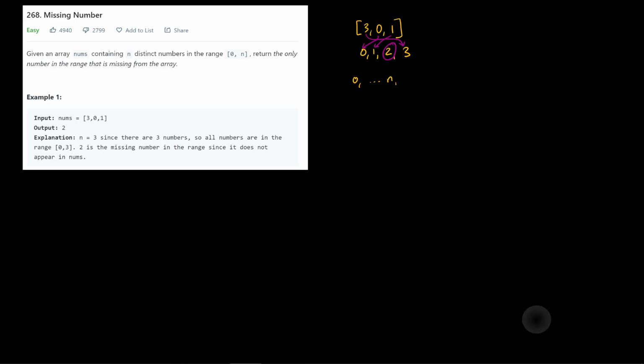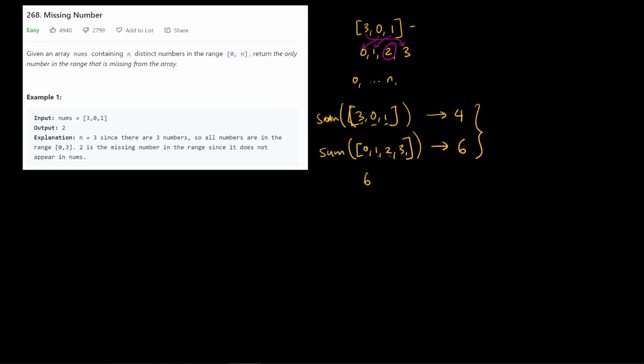We can sum up the original array, like if it's 3, 0, and 1, we sum these up, which is 1 plus 0 plus 3, you get 4, and do a sum of a normal order, which is 0, 1, 2, 3, and this one will give us 0 plus 1 plus 2, that is 3, plus 3 is 6, and then just do the difference of this, so you can know that the missing number is 2. So that is one way.